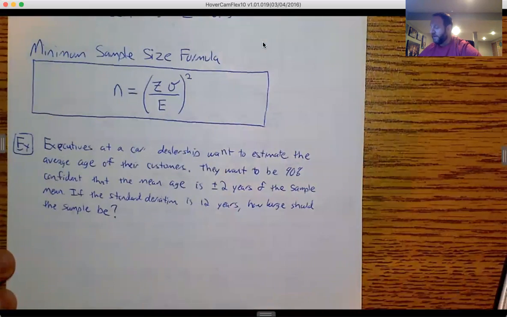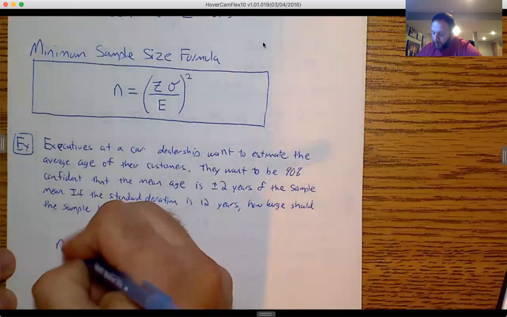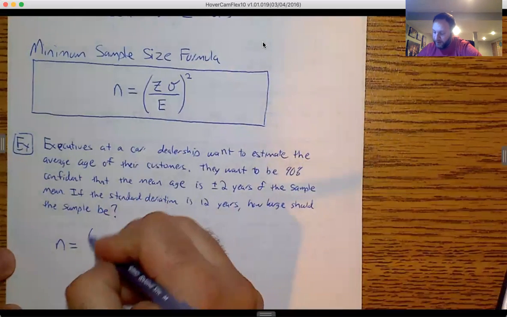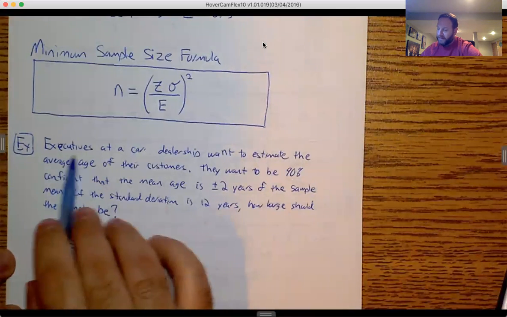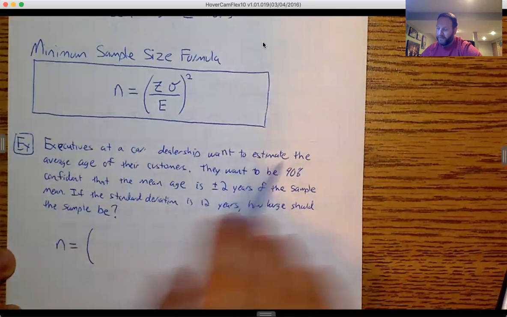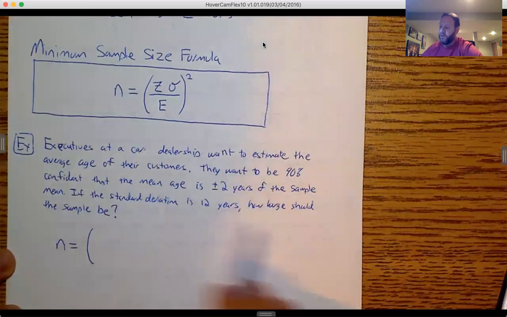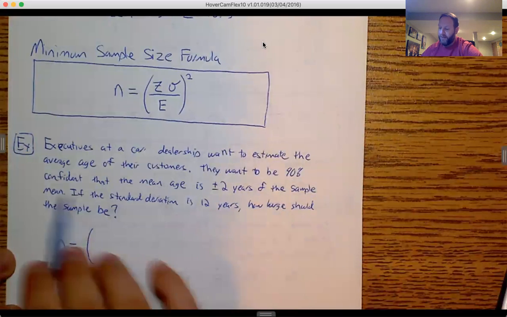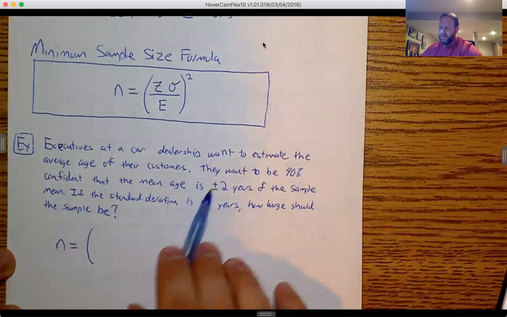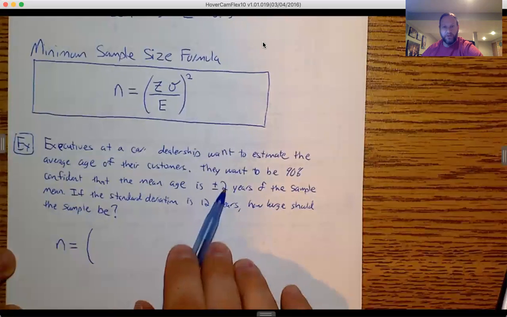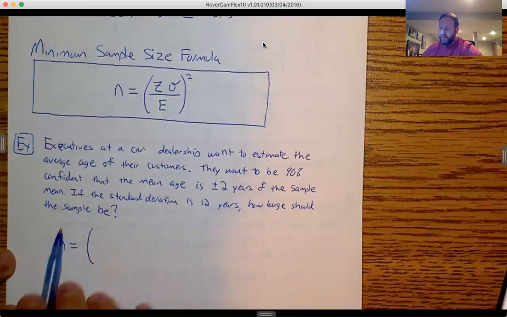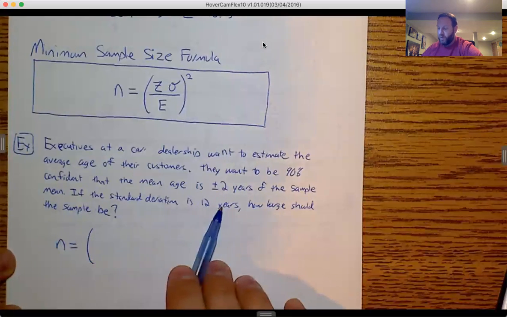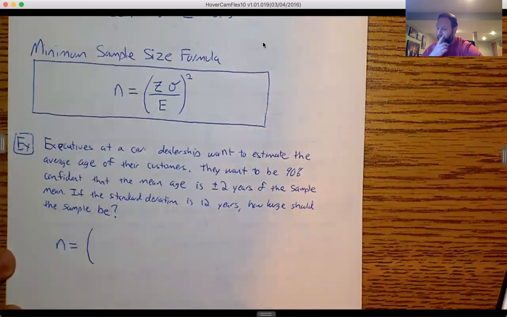So on this example right here, we're looking at executives at a car dealership who want to estimate the average age of the customers. They want to be 90% confident that their mean age is plus or minus 2 years, so within 2 years of the sample mean. If the standard deviation is 12 years, how large should the sample be?